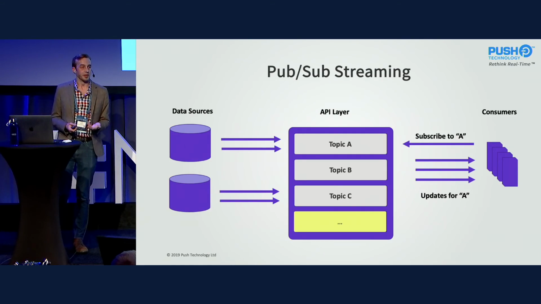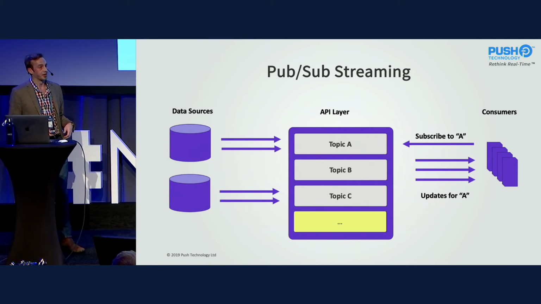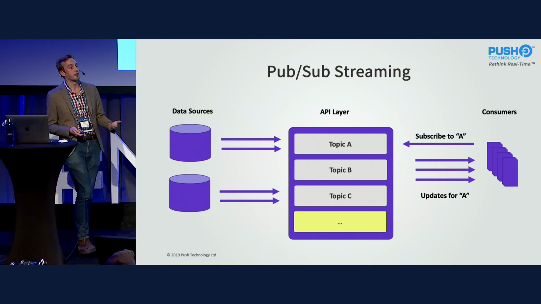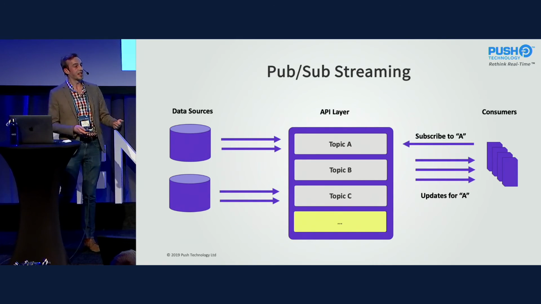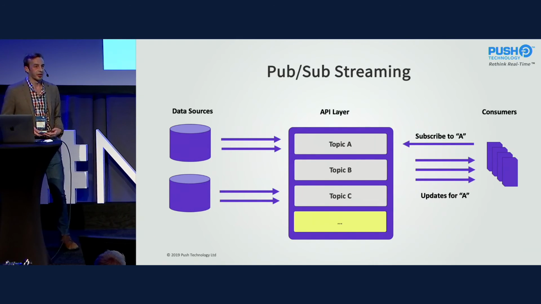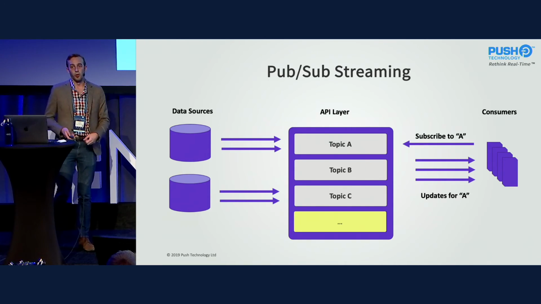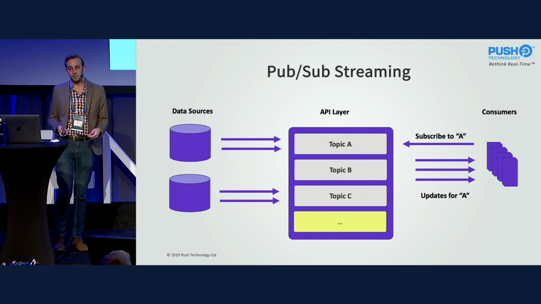And there's lots of products that perform exactly this really well. The ability to connect in over WebSockets or some other transport, subscribe to topics, and then get updates as and when they happen. That could be a real-time stream that's constantly flowing out to you, or it could be subscribing to changes on a particular data model.